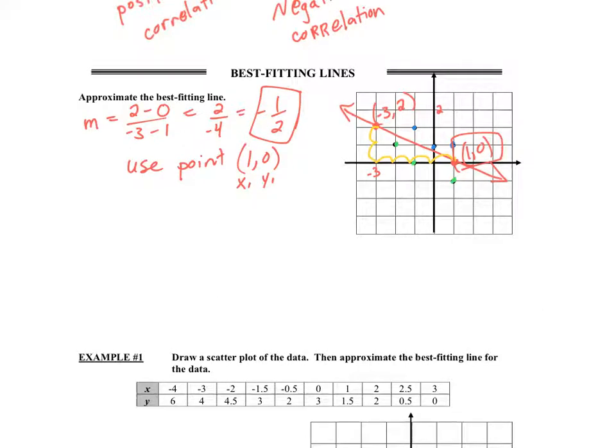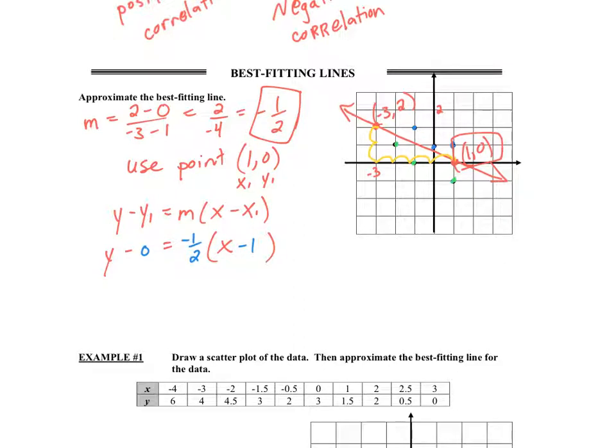So now I'm going to use the equation y minus y1 equals m times x minus x1. This is our point slope equation. We're going to use that to write an equation for this line. So we plug in our y value, which is 0. So y minus 0 equals, our slope is -1/2 times x minus 1.